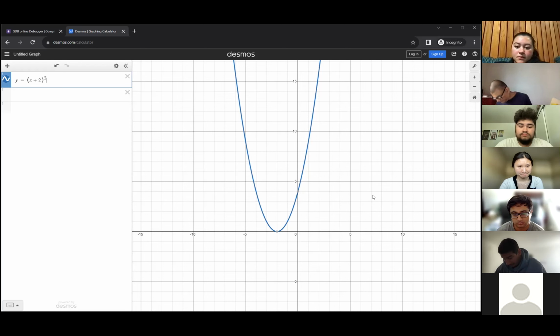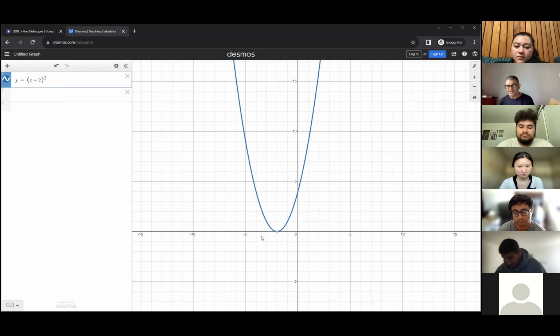Now this is a very, very simple curve, and it's easy for us to visually identify where the minimum of this curve is. Yes or no? What is the value of x for which the minimum value of the curve occurs?